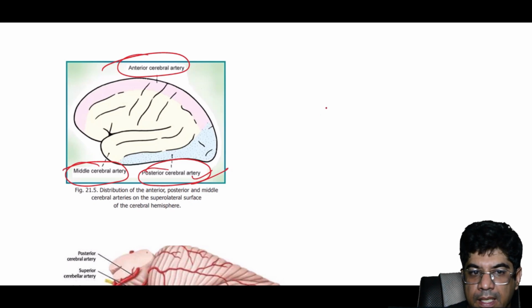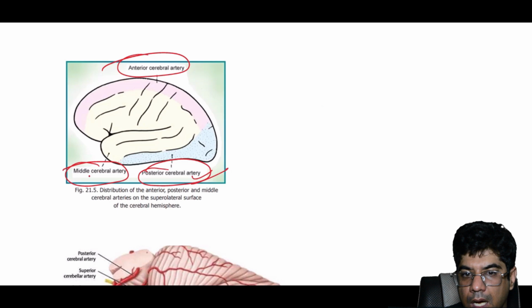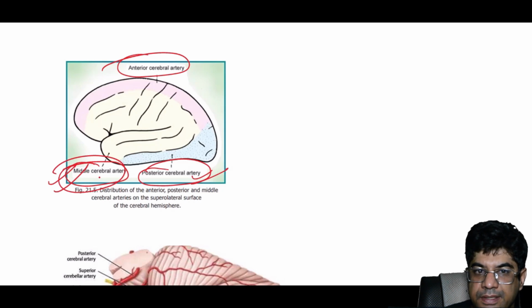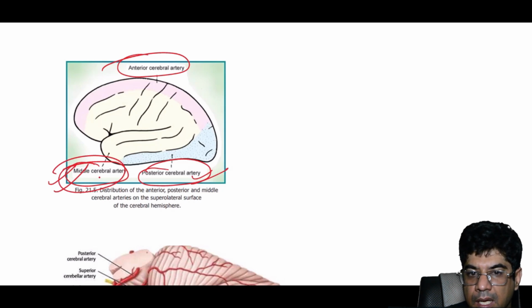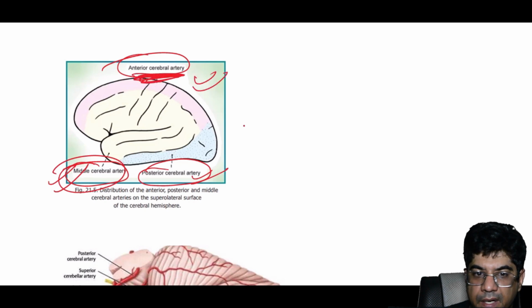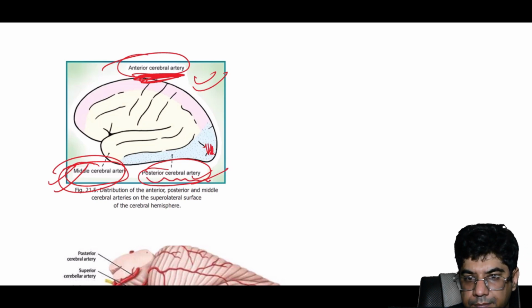That would be the middle cerebral artery. Which artery dominates the medial surface? It's the anterior cerebral artery. And what about the inferior surface of the cerebral cortex? Which artery is most important? It's the posterior cerebral artery.